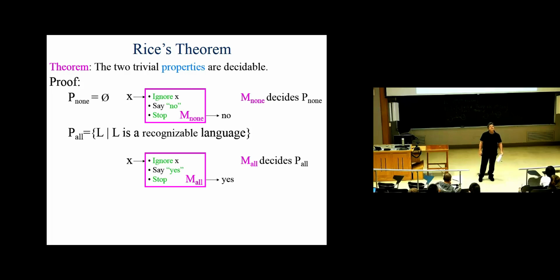Instead of a Turing machine, let me ask the question a different way. Maybe you'll see it more clearly then. Instead of a Turing machine, let's specify the recognizable language as a piece of code in Java, the programming language Java. It's equivalent to a Turing machine, right? It's an implementation.